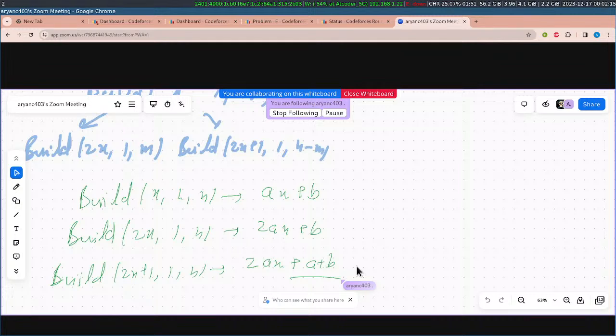That will give us the answer for the subtrees.